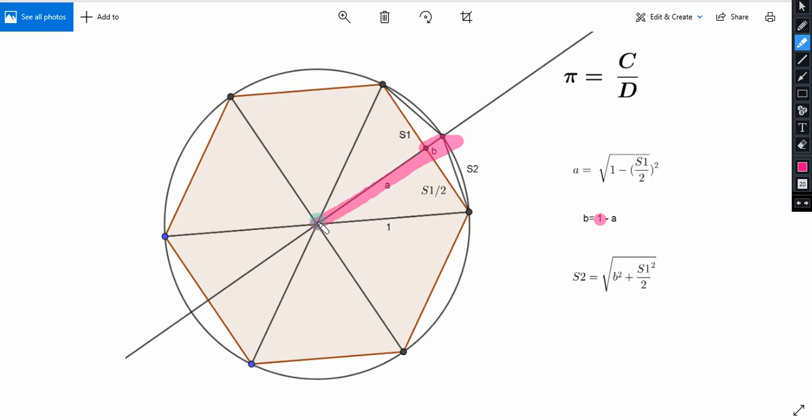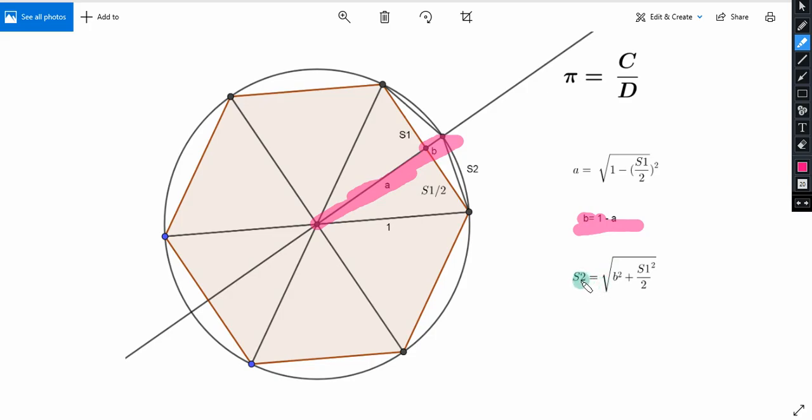We found A here to here, this length A. So if we subtract A from the whole length, then we can get B. So we found the value for B.